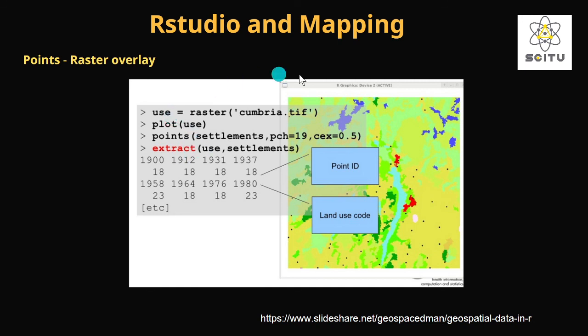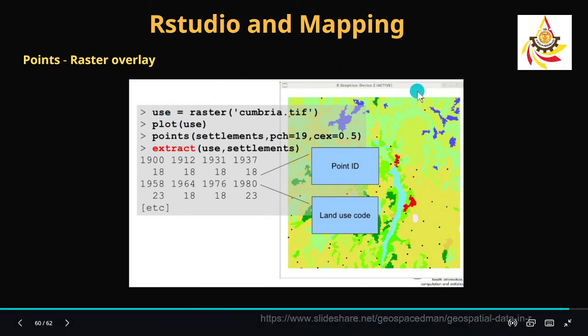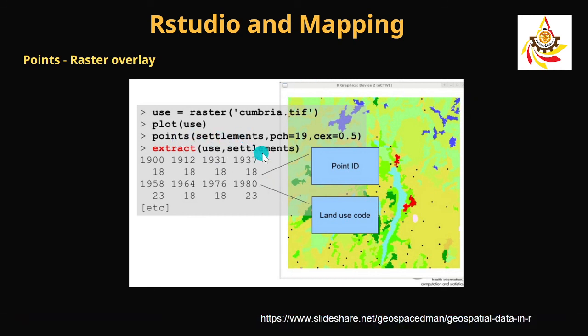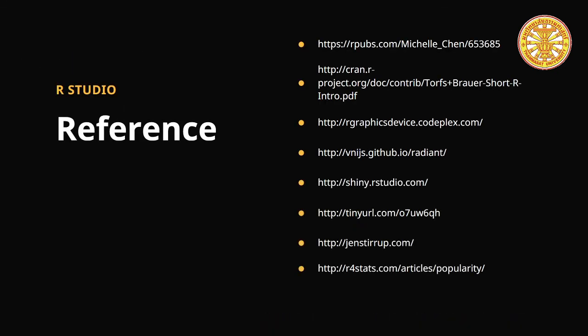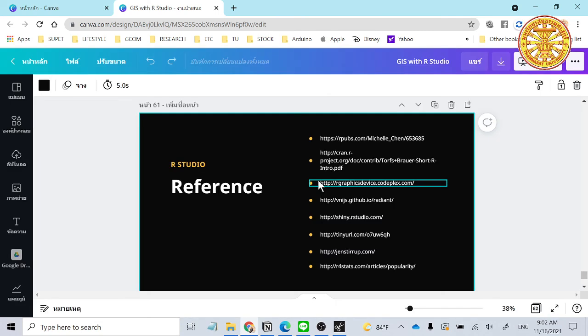You use the raster map, like the VOC interpolation map, and the settlement, which means the location of villages and households, that you would like to know how much value they get. Okay, now we come to the workshop.